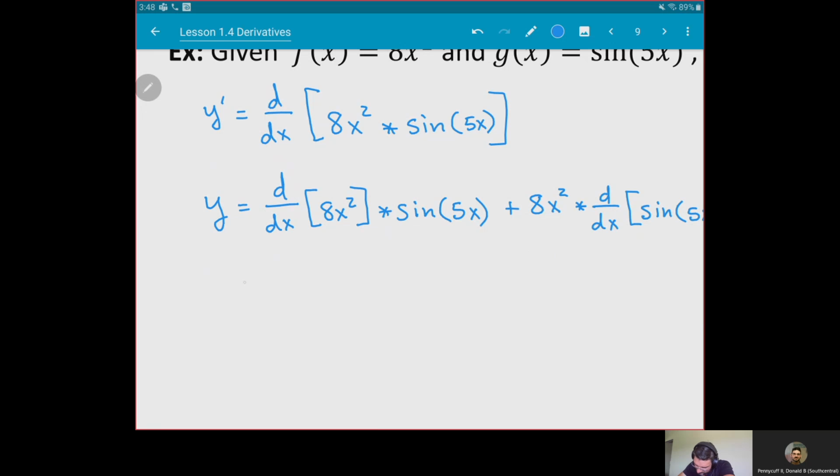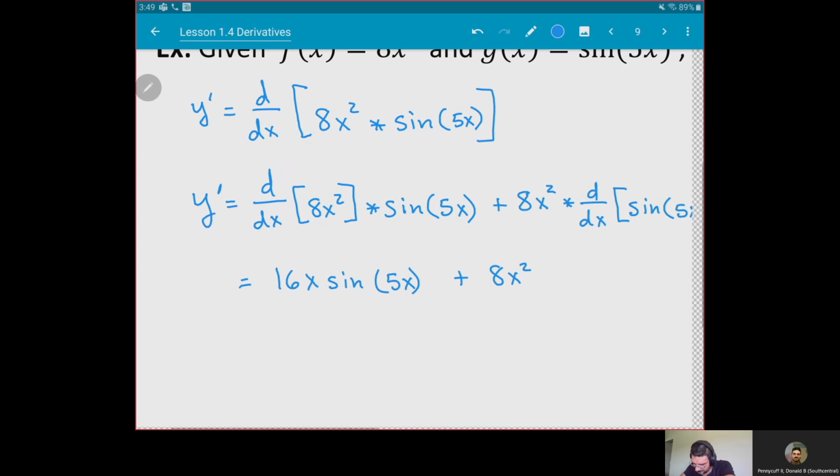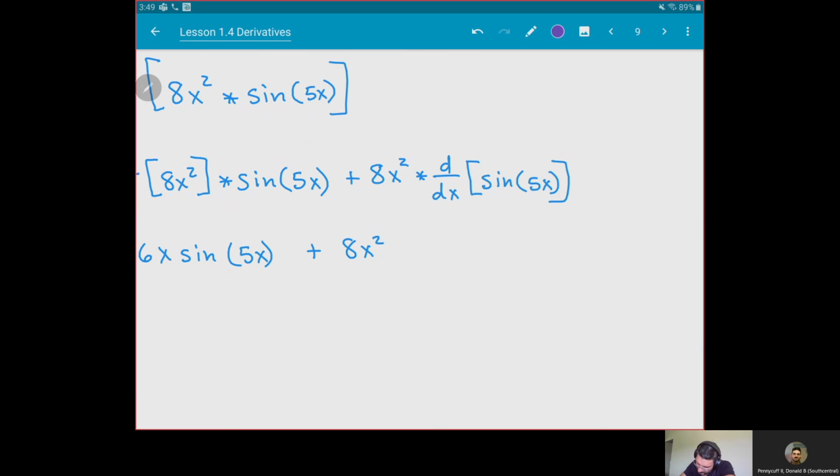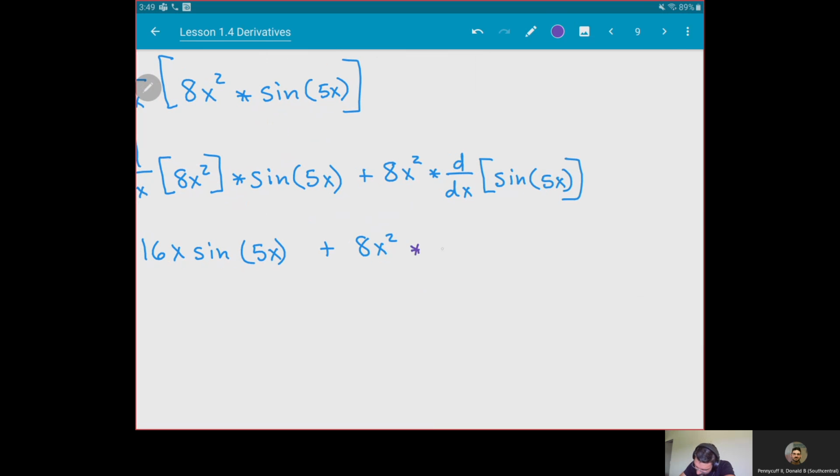Okay. So that'll give me 16x sine 5x plus 8x squared. The derivative of sine is cosine. And you multiply by the derivative of the inside.